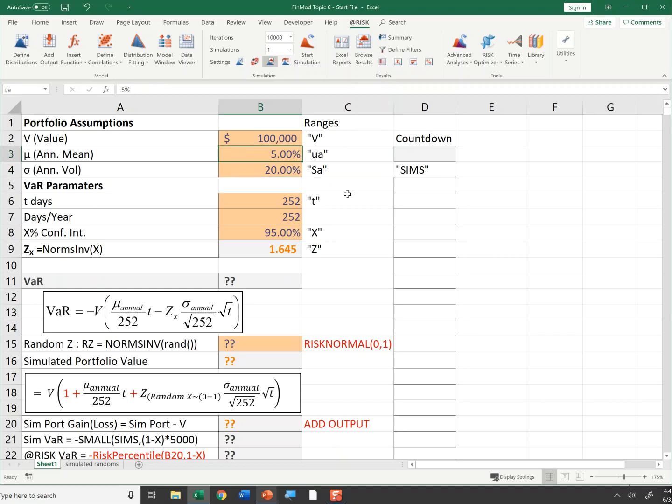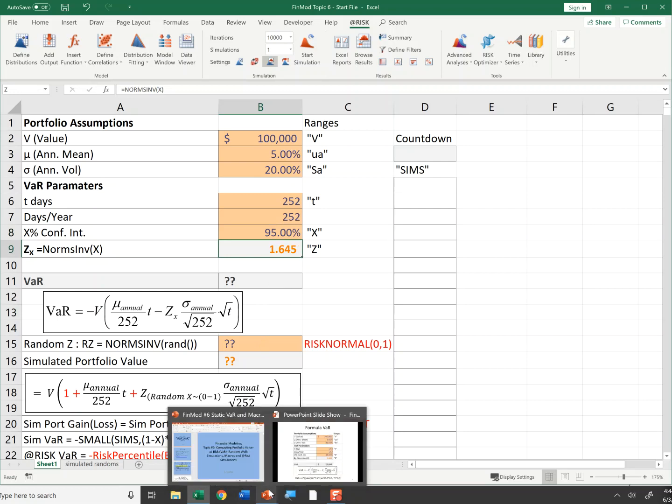So UA is the annualized mean and SA is the annualized standard deviation. I have T days. There's T up there. I have the confidence interval X is 95%. And I did a calculation here, NORM.S.INV of X. And what that's going to calculate is that critical Z for a 95% confidence interval.